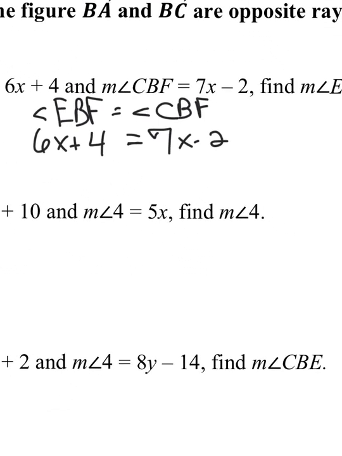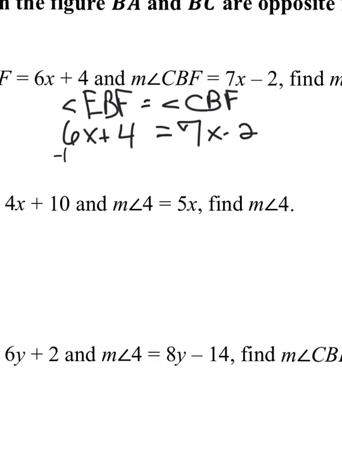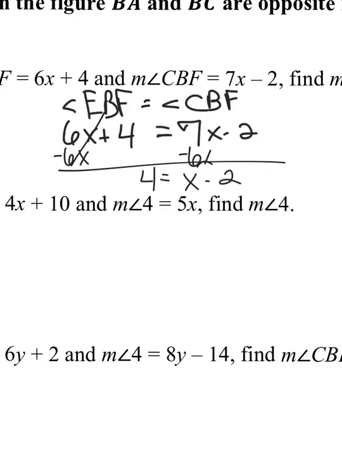I'm going to subtract 6x on both sides. Then I'm going to add 2. I know that x is equal to 6.